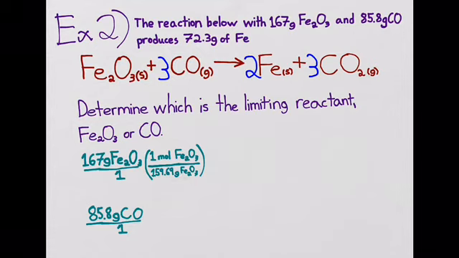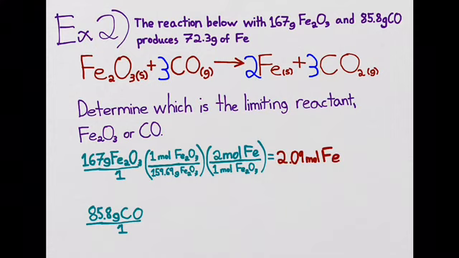Next, we will add 2 moles of Fe over 1 mole of Fe2O3, and then those two cancel out again. And as we see that we are looking for the moles of Fe, this is the end of our equation. So now we multiply them all up and we get 2.09 moles of Fe.